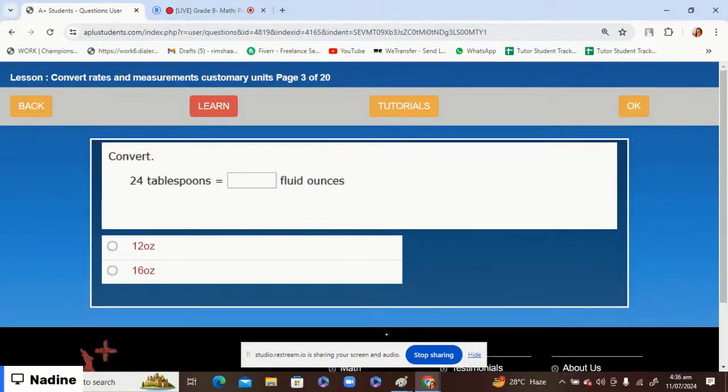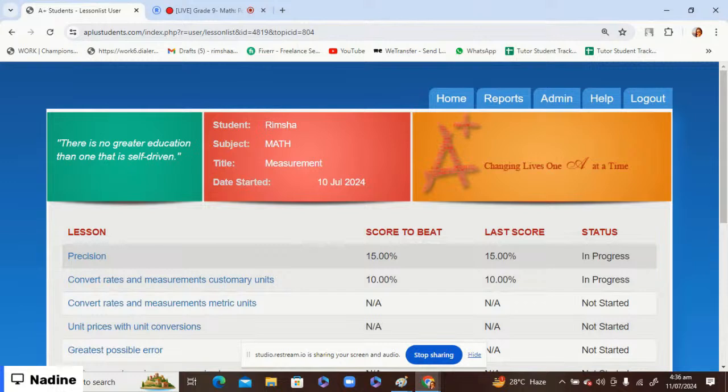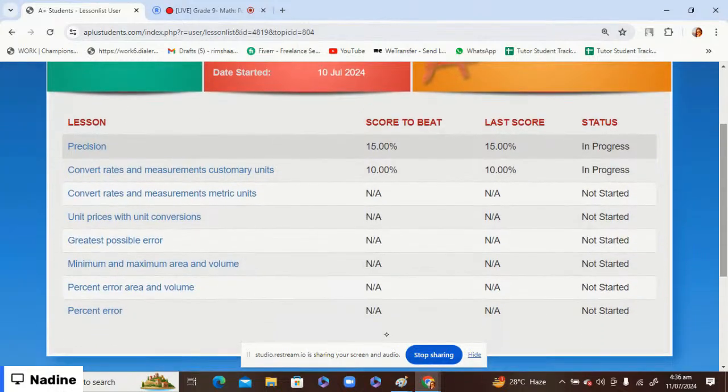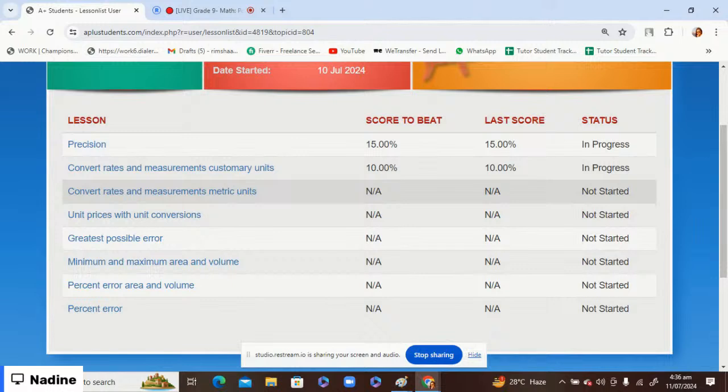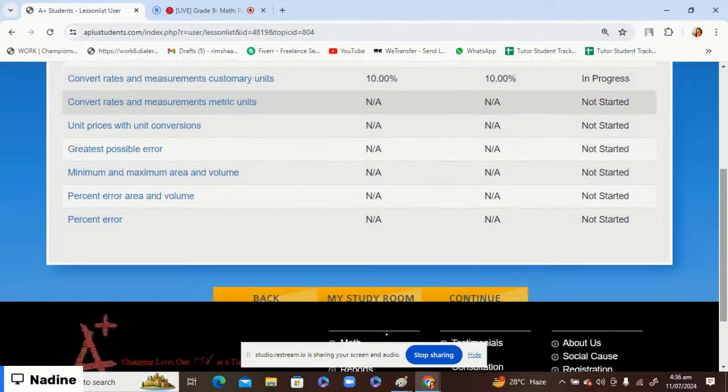Okay, hope you guys understand this lesson as well. So solve the rest of the questions by yourself now, related to this one. The third lesson from that chapter is convert rates and measurements, metric units.